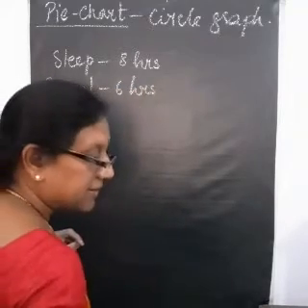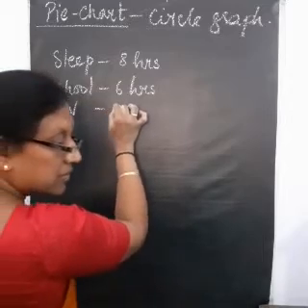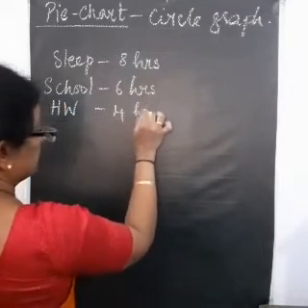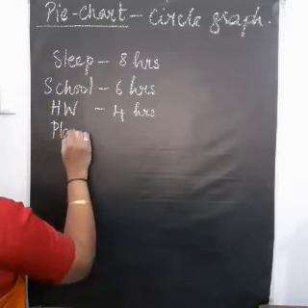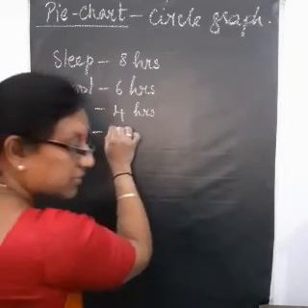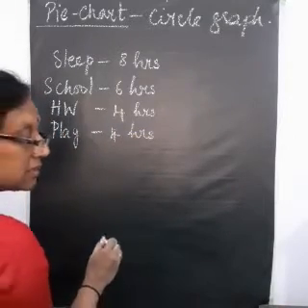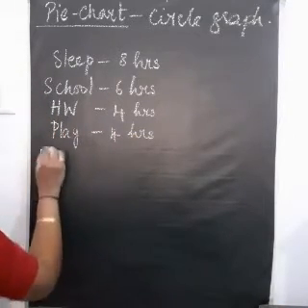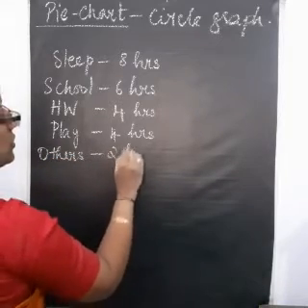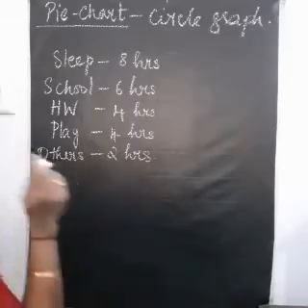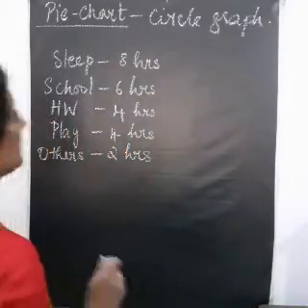And we have homework, which is equal to 4 hours. And play is also 4 hours. And others, eating and other things, you have 2 hours. So this is the data that is given to you to represent in the form of a pie chart.